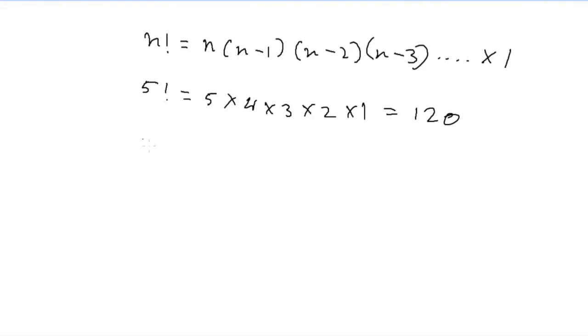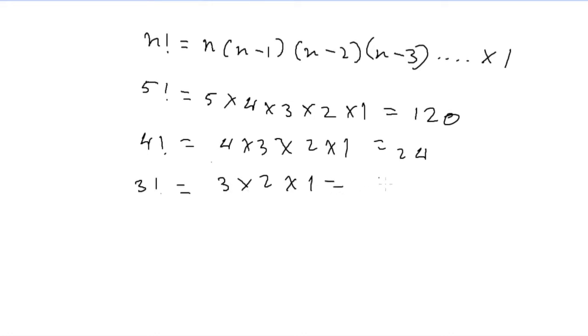Well, let's take a look. 4 factorial is equal to 4 times 3 times 2 times 1, which is equal to 24. 3 factorial is equal to 3 times 2 times 1, which is equal to 6. 2 factorial is equal to 2 times 1, which is equal to 2, and 1 factorial is equal to 1. Well, it's essentially just 1. 0 factorial. What is 0 factorial?